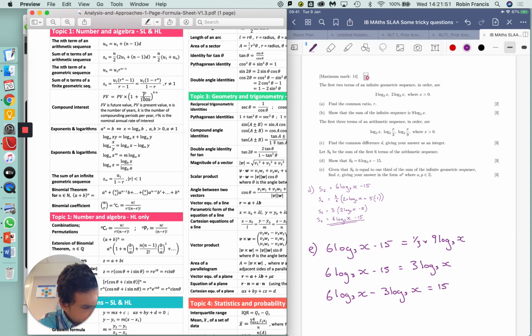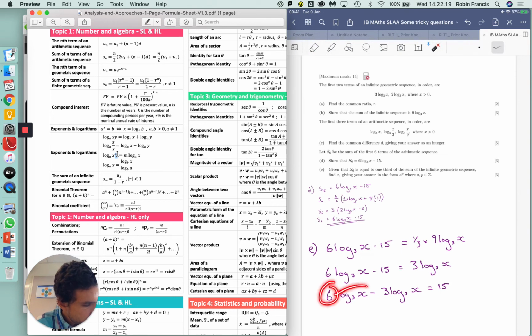Now, I'm going to have to use one of my laws of logarithms. I can't apply this subtraction idea that I had previously whilst I've got this coefficient of the logarithm. Coefficient, yeah, good word. So I'm going to have to use this law of log, in order to move things from this position up to the top, which should be something that we're familiar with.